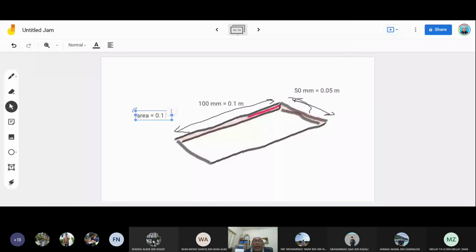If we say the thickness is 2 mm, we keep it that way. 2 mm is 0.002 meter, and then the area will be calculated.